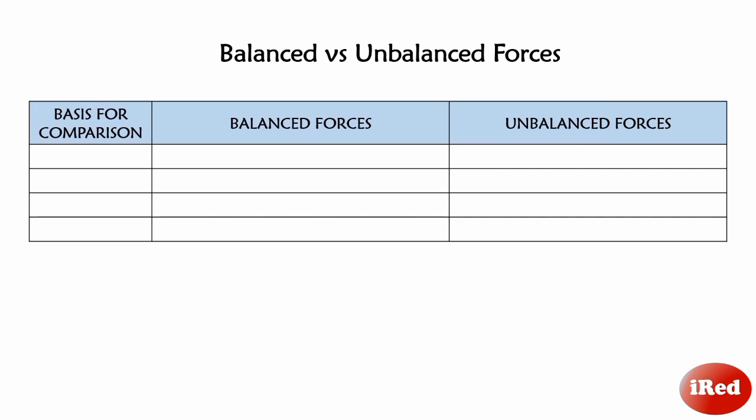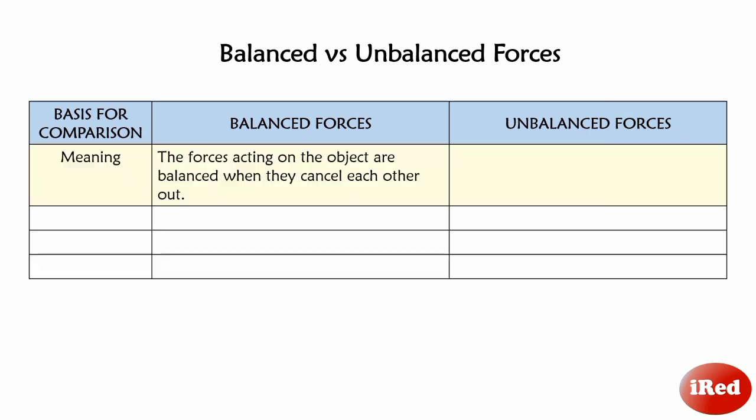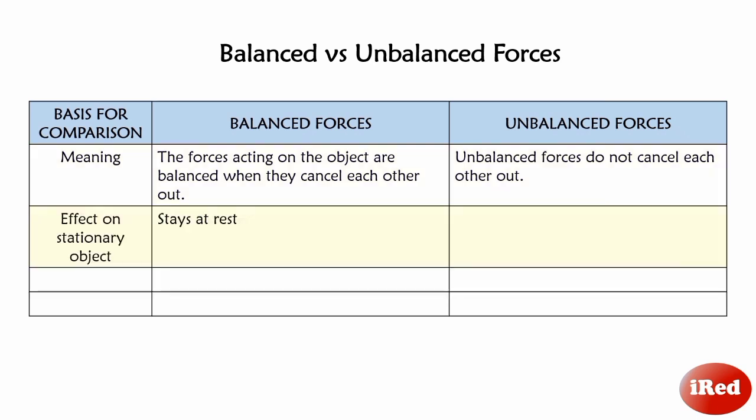So let's summarize what we have just discussed. The forces acting on objects are balanced when they cancel each other, while unbalanced forces do not cancel each other out. When the forces acting on a stationary object are balanced, the object stays at rest. While when the forces are unbalanced, the object moves in the direction of the greater force.